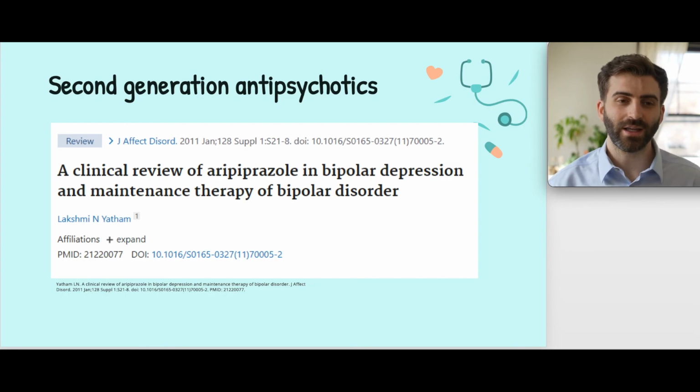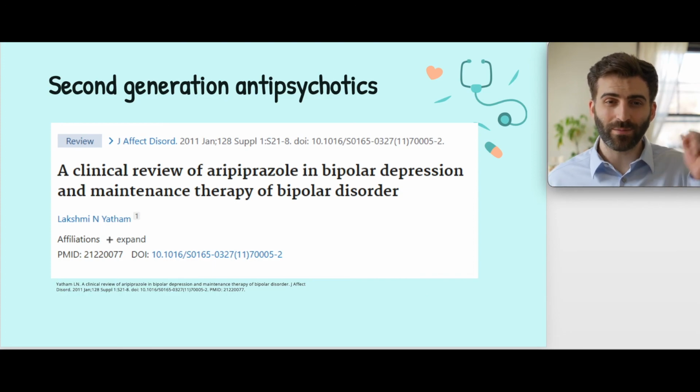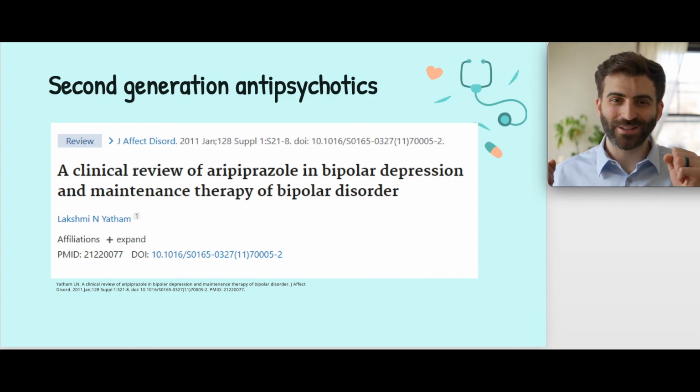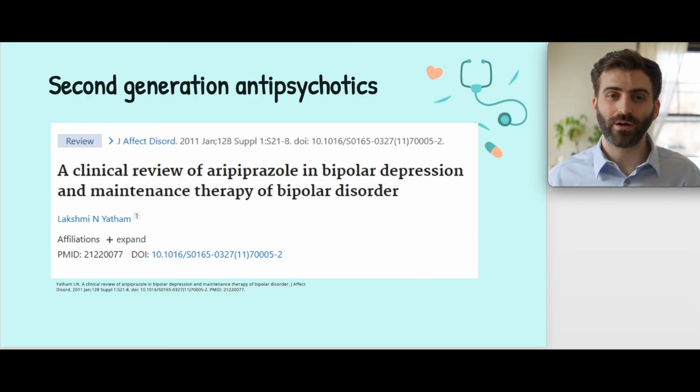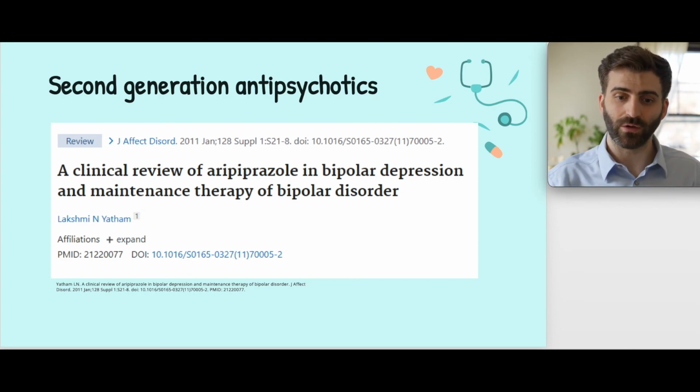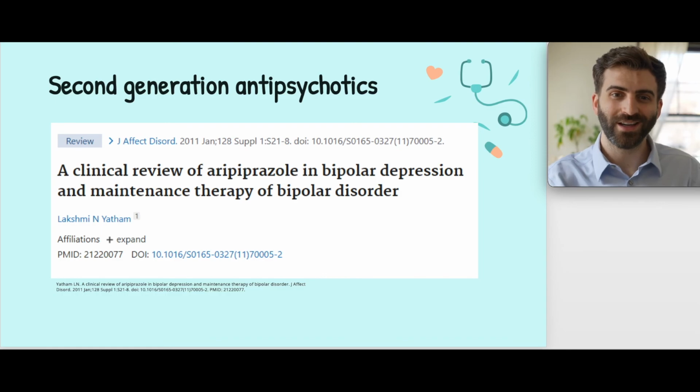So here's a study about aripiprazole, brand name Abilify. Aripiprazole is FDA approved and useful in bipolar mania, FDA approved and useful as an adjunct in unipolar depression, but it doesn't seem to work for bipolar depression, at least according to a few studies. So this trial here showed that there was no difference than placebo at week 8 with aripiprazole in bipolar depression. So the point here is to stick to the FDA approved ones for bipolar depression.